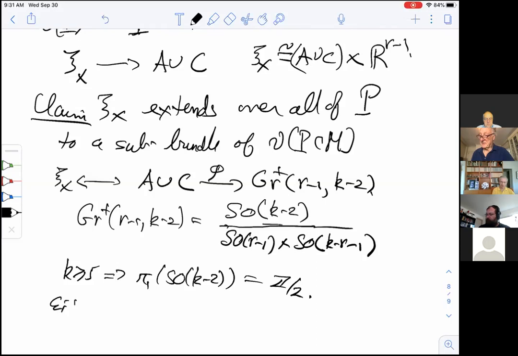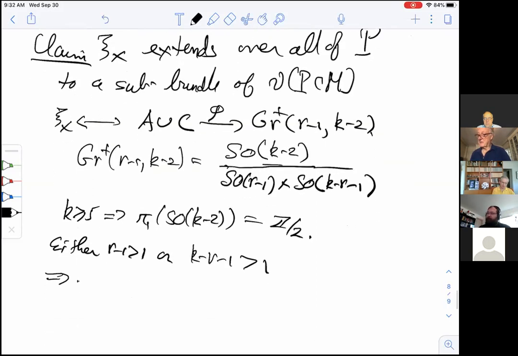So either R minus 1 is greater than 1, or K minus R minus 1 is greater than 1. That implies that the fundamental group of this product is non-trivial, and it maps onto the fundamental group of SO(K minus 2).